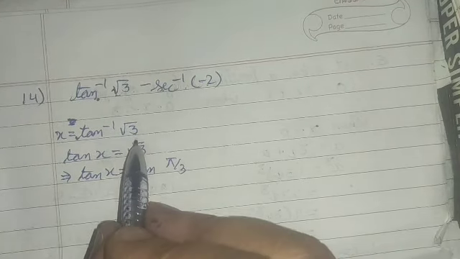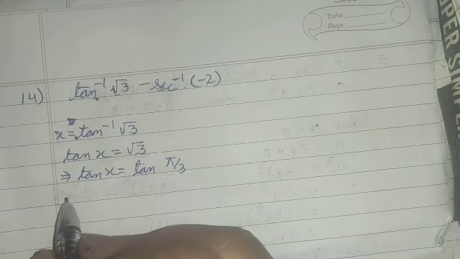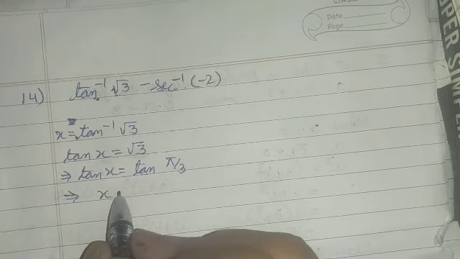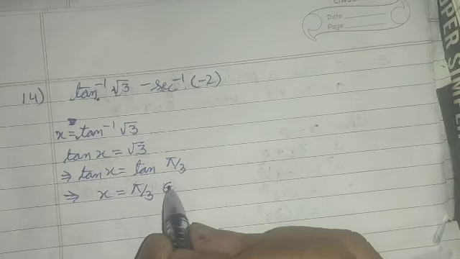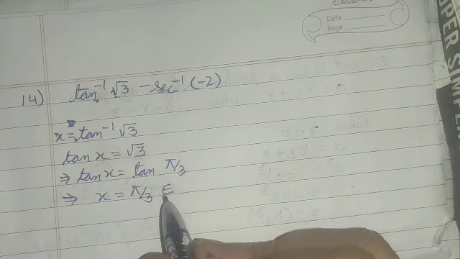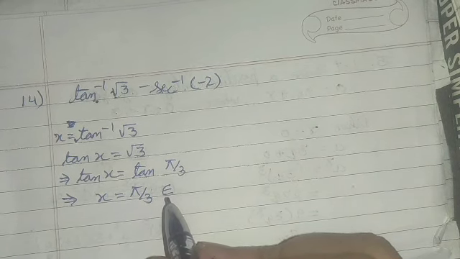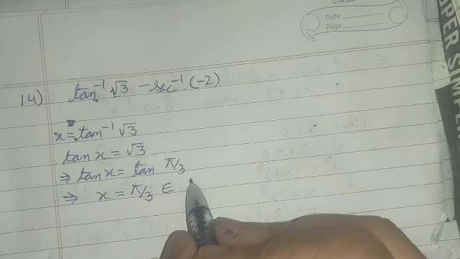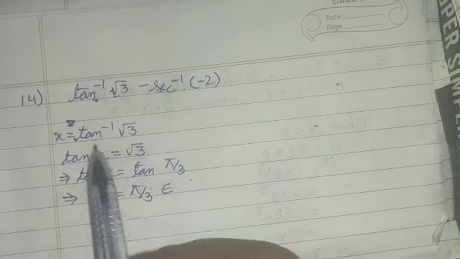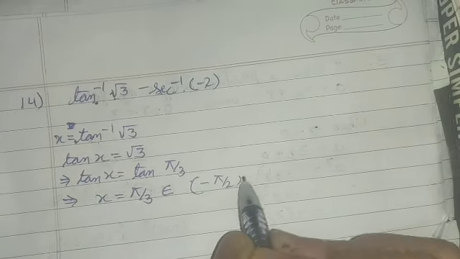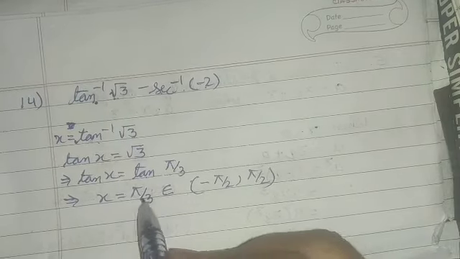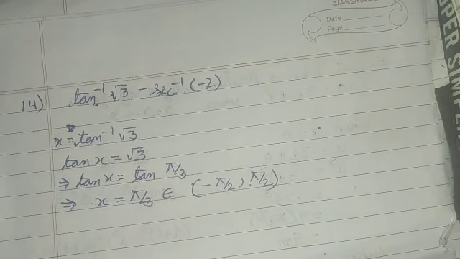So in place of root 3, we can write tan pi by 3, so that x equal to pi by 3. And this value should belong to the principal value range of the inverse trigonometrical functions. As we know, the range of tan inverse is between minus pi by 2 to pi by 2, and this pi by 3 lies between minus pi by 2 to pi by 2.